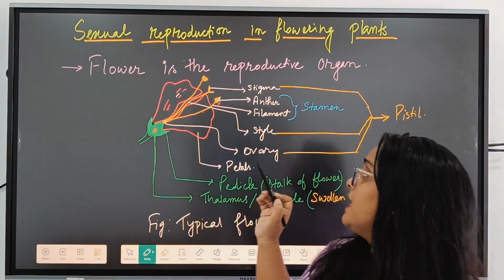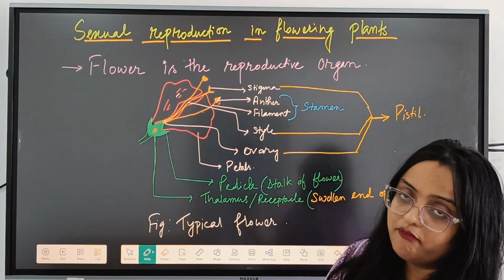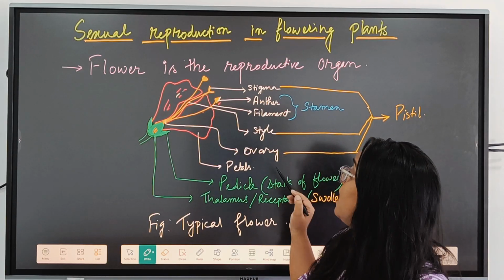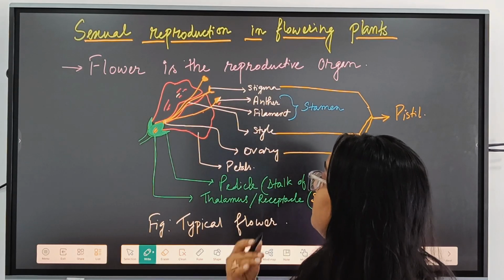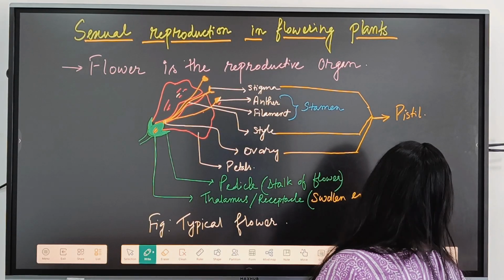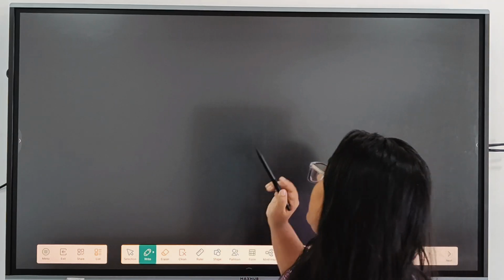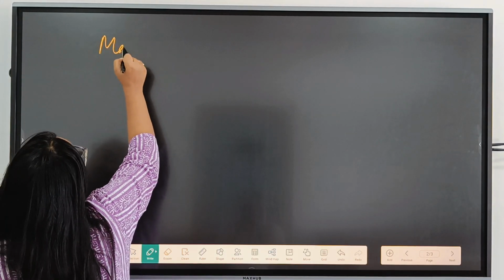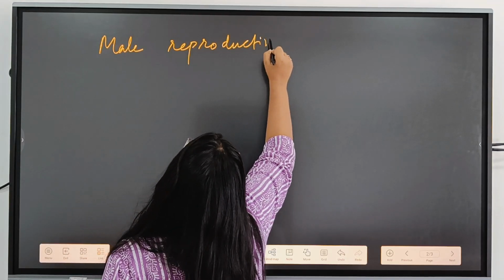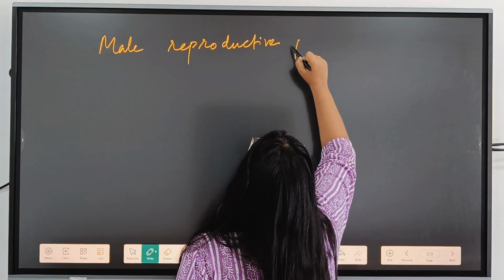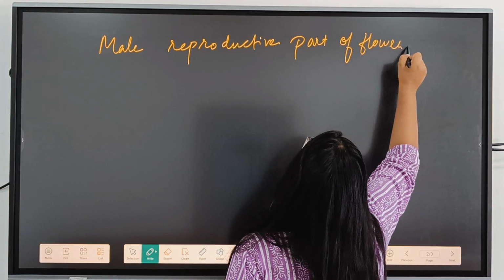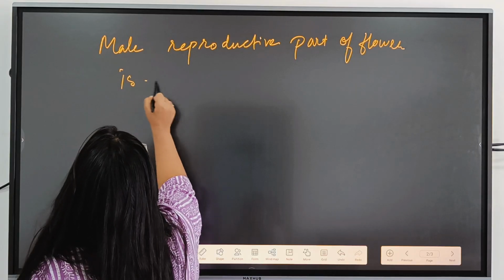So hence we studied the different parts of flower. What is the unisexual flower? What is bisexual flower? Then all the parts of the flower. Then the male reproductive part of flower is what?